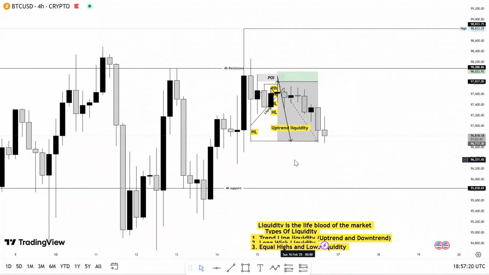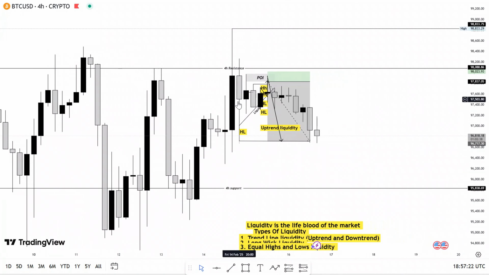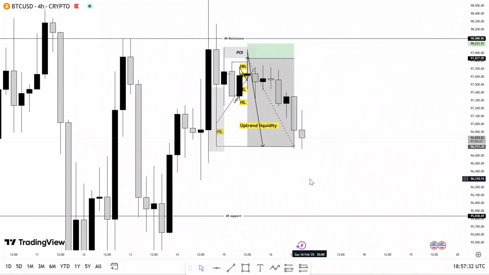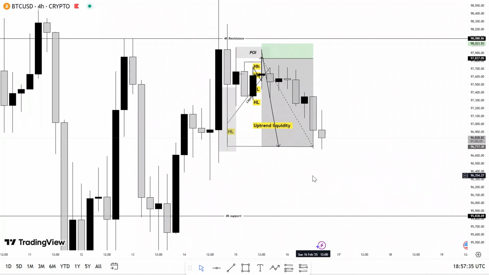Each time the market creates a long wick like this, especially if the wick has not taken out any liquidity, the market is more likely to come fill this wick. That was the second reason I put my take profit at this level, for the market to come down and fill this wick.